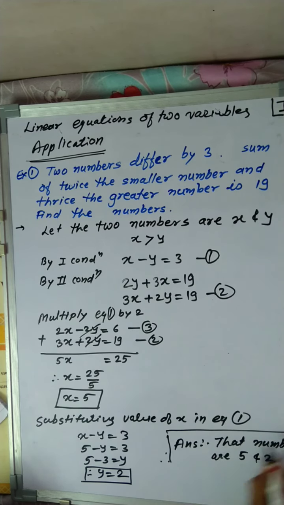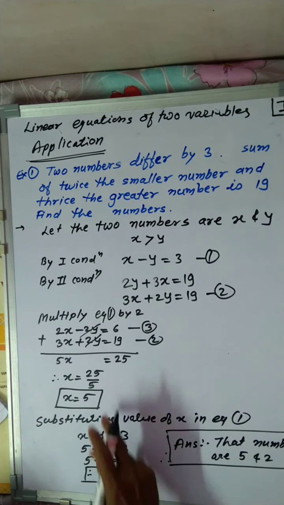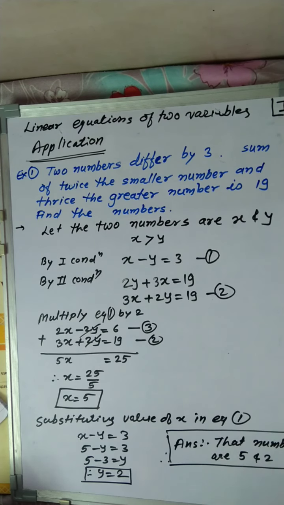This is our answer. Do not write x is equal to 5 and y is equal to 2. Only write that the numbers are 5 and 2. Now we take another example, which is on geometry.